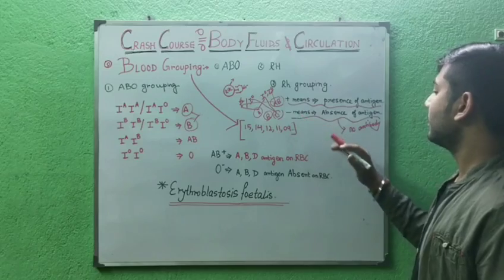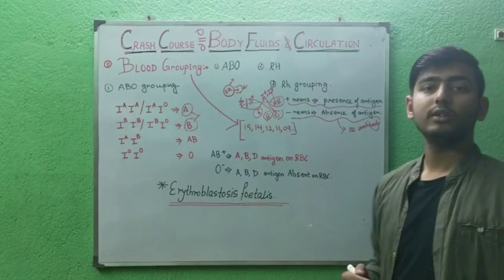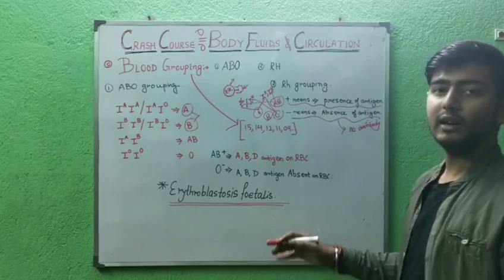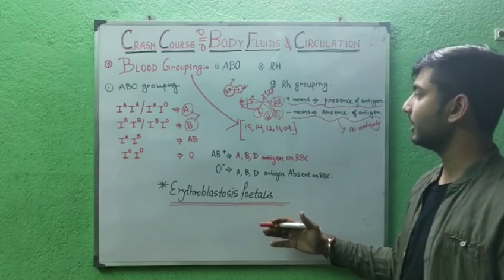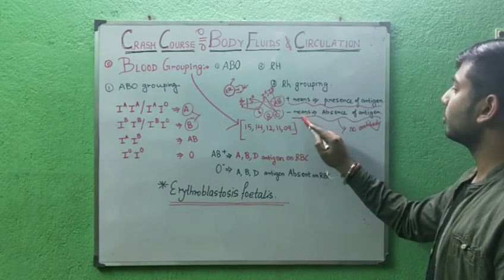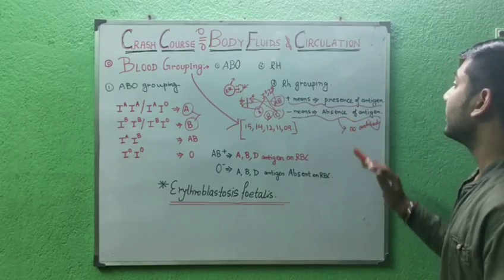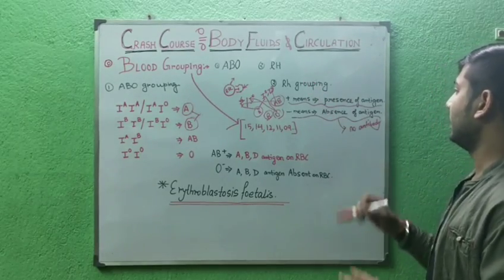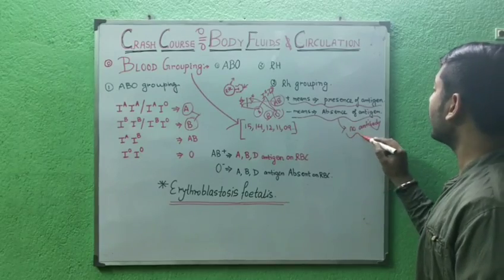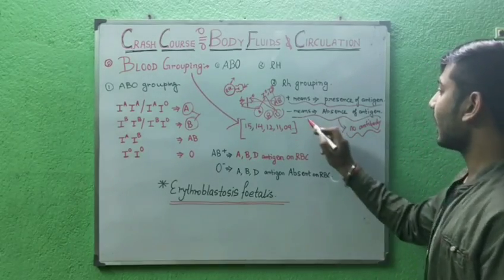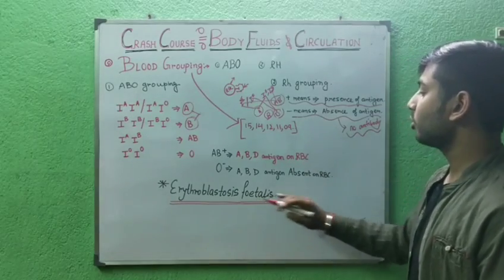For example, we can take a case of erythroblastosis fetalis over here. I will explain this case to you. First of all, we have to know negative means absence of antigen, and in RH blood grouping only, absence of antigen means no antibody unless exposed to RH positive blood. Now let's move on to erythroblastosis fetalis.